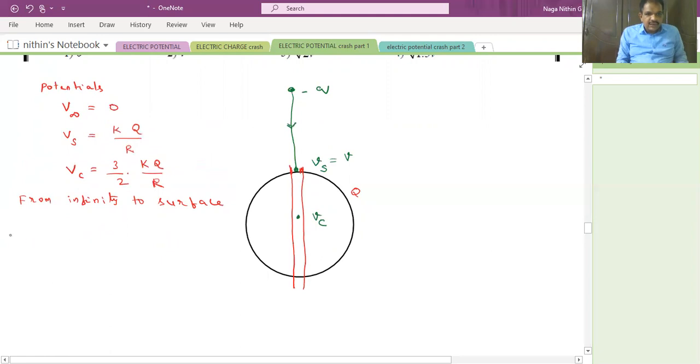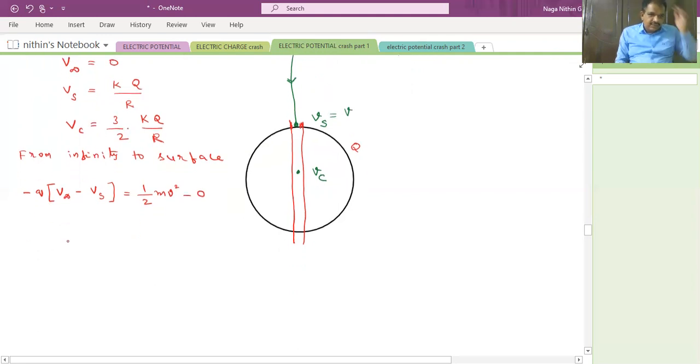Here charge is minus q, so V infinity minus V surface is equal to half mv square. Initial kinetic energy is 0 because it is freely falling.